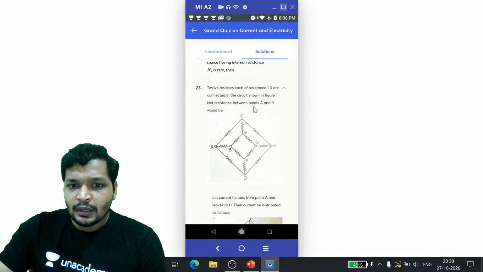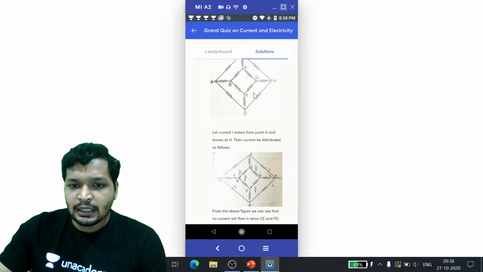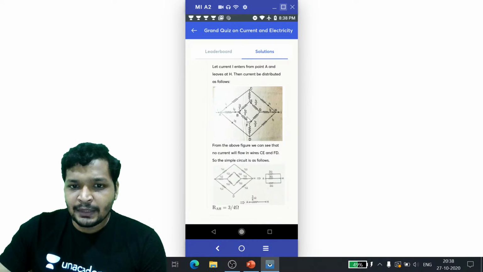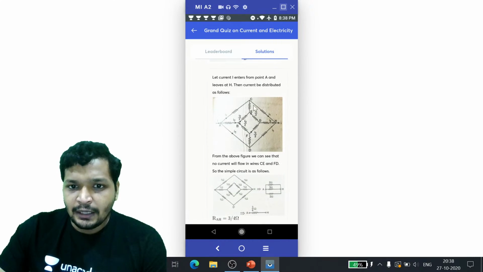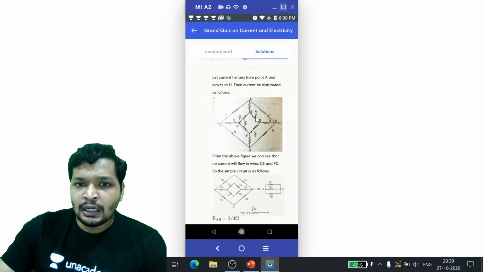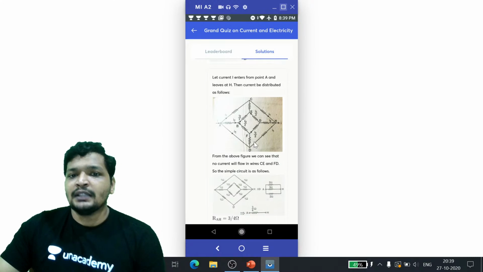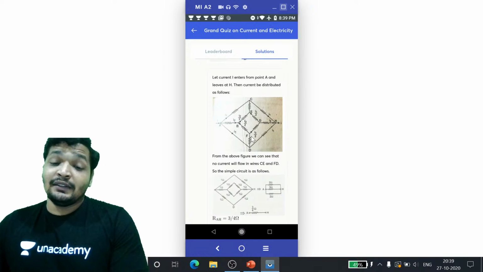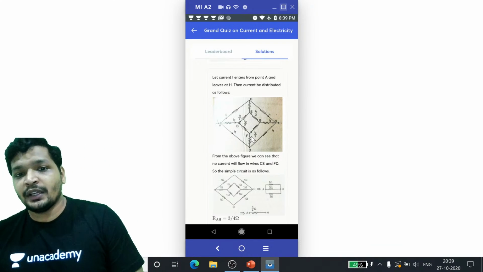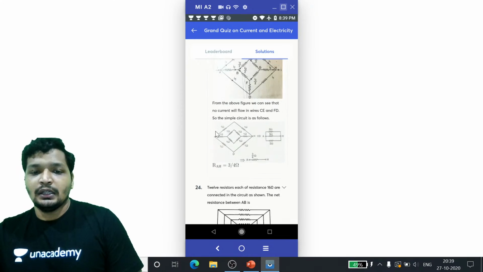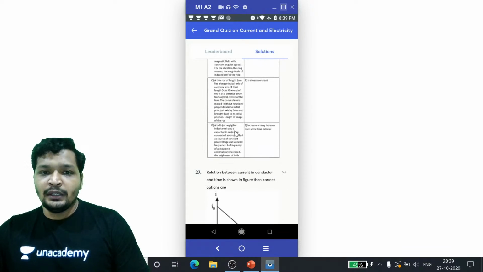Now in this case, I think symmetry was applied. You can remove the resistance C and DF as I told, and still apply symmetry even after that, and the question could be quick. All right, this was a simple one.